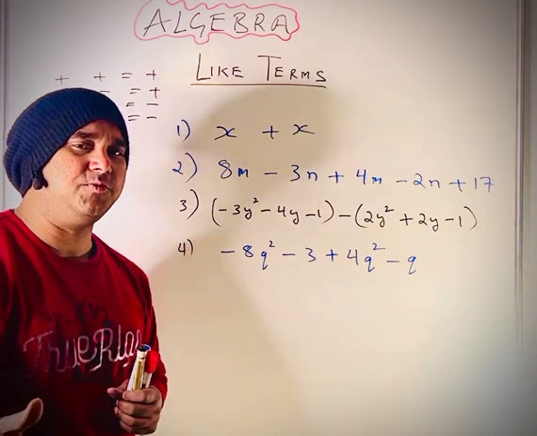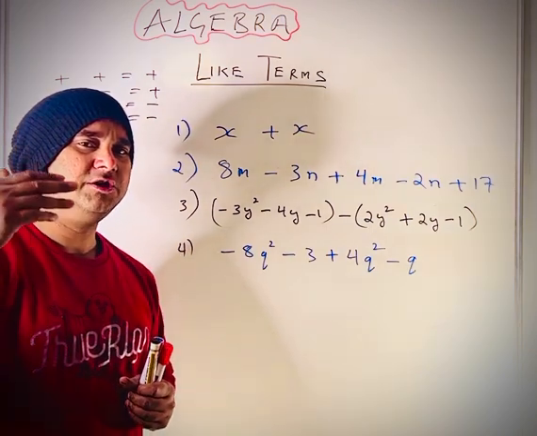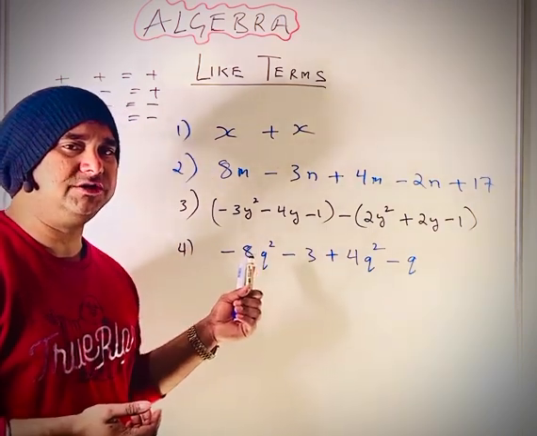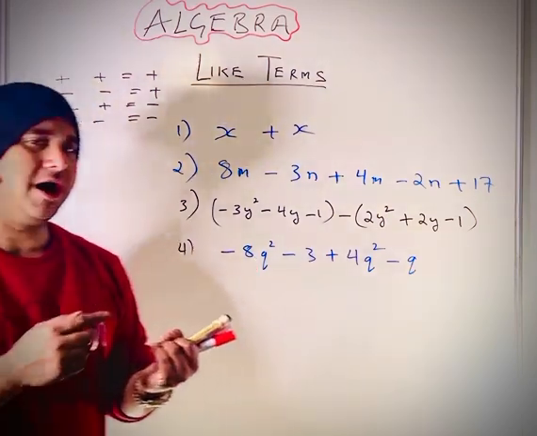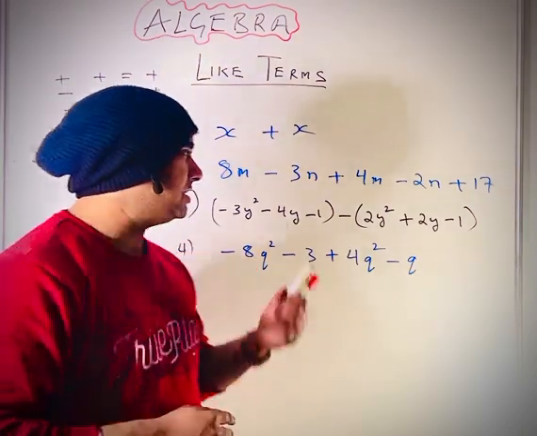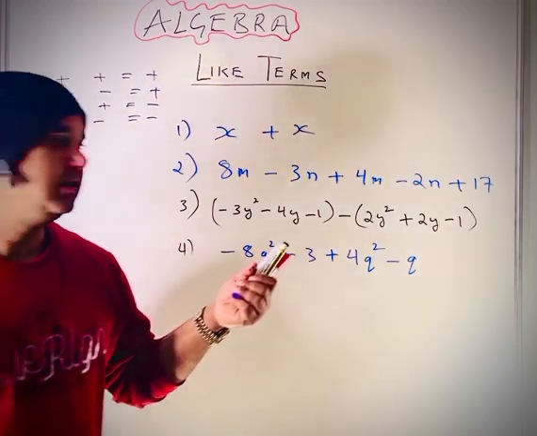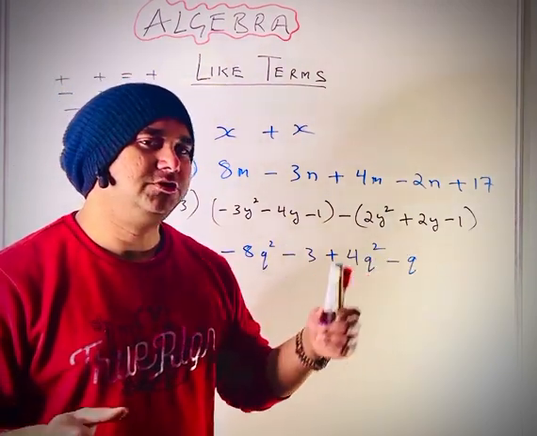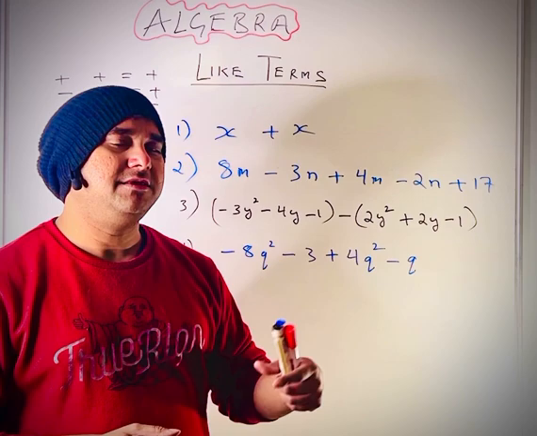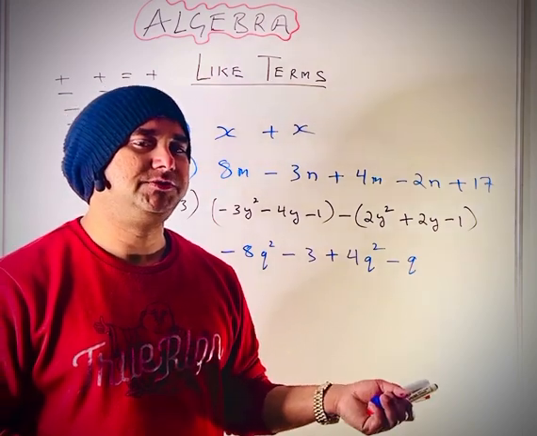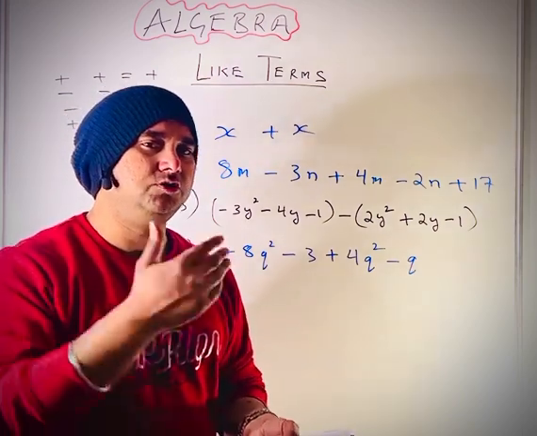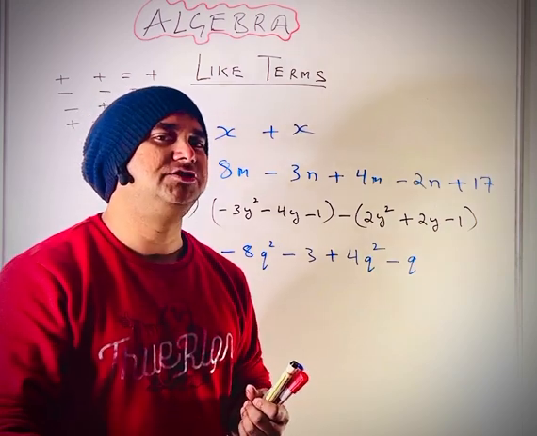Just pause the video and try to solve these questions. First of all, you just need to identify the like terms, and then you just need to group them together, and then you just need to add or subtract them. Pause the video, do the questions, check the answers.